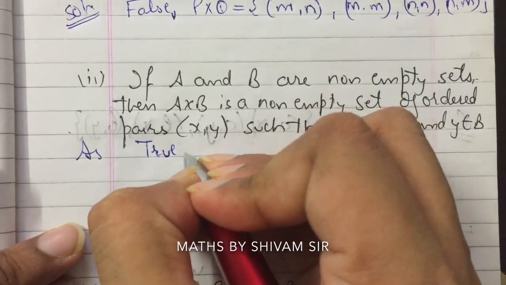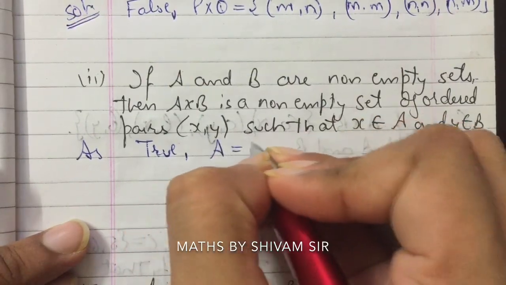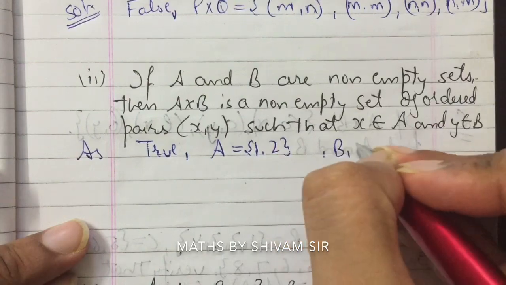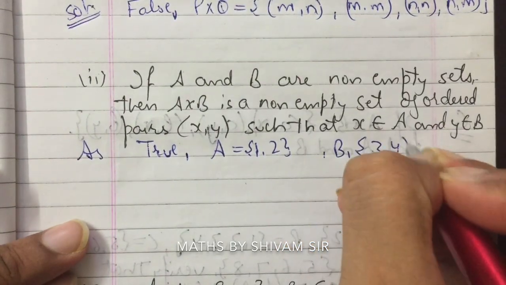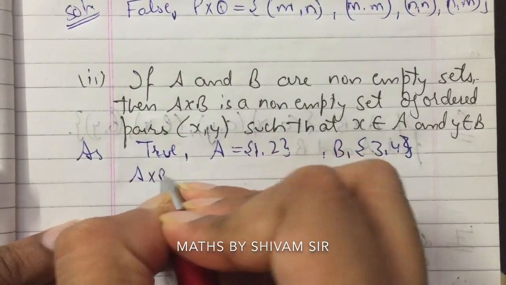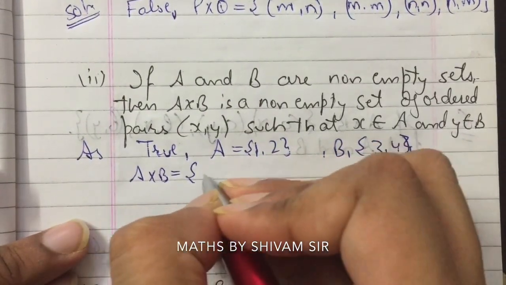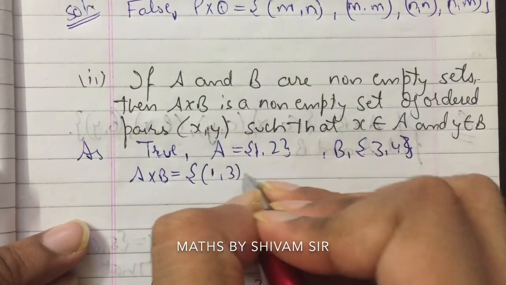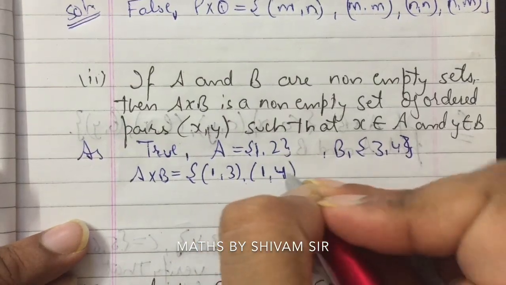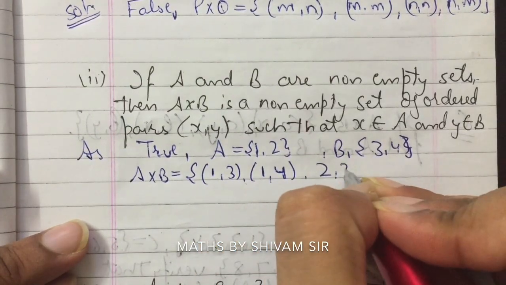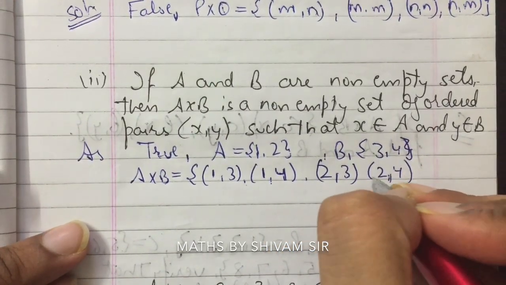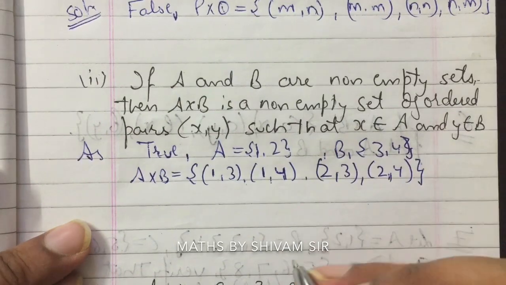Suppose A has 1, 2, and B has 3, 4. So A cross B will have how many elements? 4 elements: (1, 3), (1, 4), (2, 3), (2, 4), right?